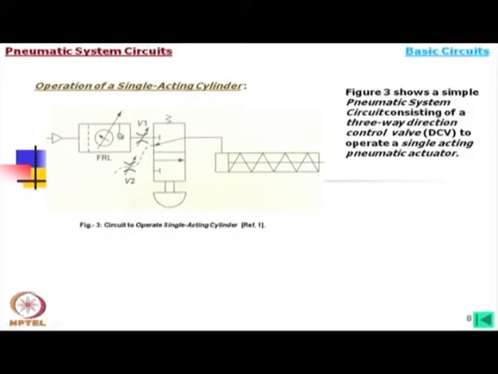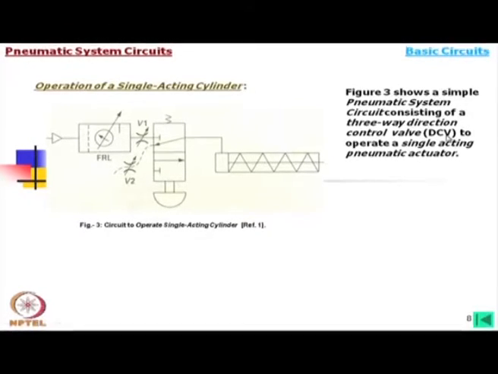Now, this is the FRL unit, and this indicates that this is from the common source. Now, what happens? This is a simple pneumatic system circuit consisting of a 3-way, 2 position valve. This is called a direction control valve. In hydraulics, normally we use the word DC valve, with D and C small.